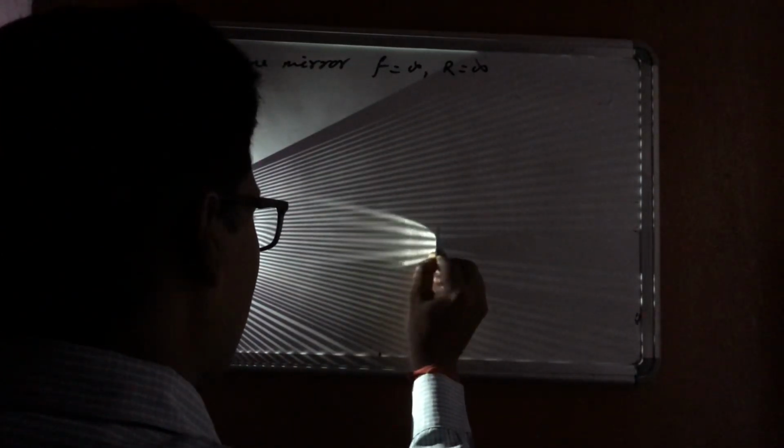Now come to the behavior. Verify the behavior of what? Convex mirror. Look at here. After reflection, they diverge. The light rays diverge from each other. You can see these are the divergent beam of light. They diverge from each other.